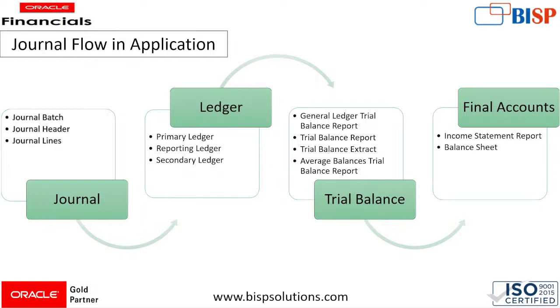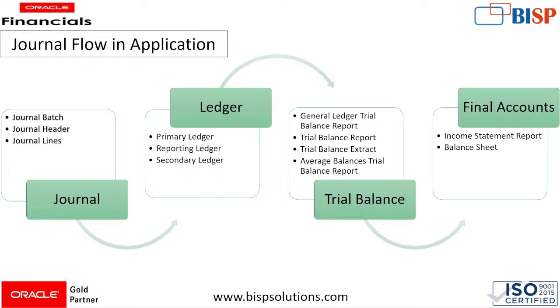If you want to use a single currency, then in the specific ledger option there is a checkbox that lets you use only the functional currency. Say if you have a US functional currency, then you can enter only in US currency. You can't enter different currencies in those journals, right? You can use that, but I have not checked that option.